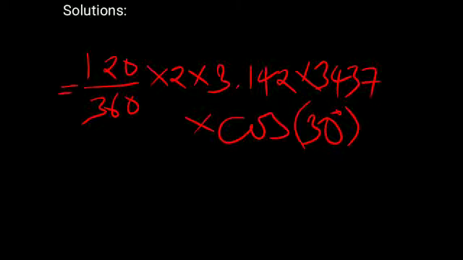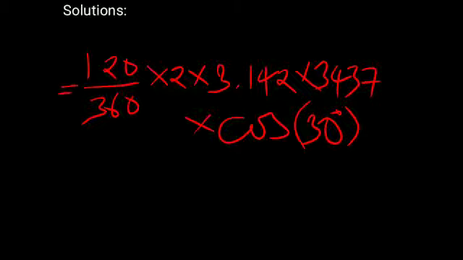So let's punch that on the calculator. 120 times 2 times 3.142 times 3,437 times cos 30 degrees, divided by 360.